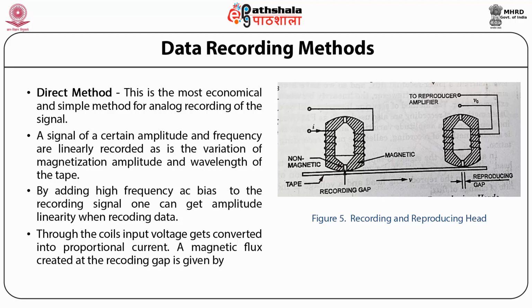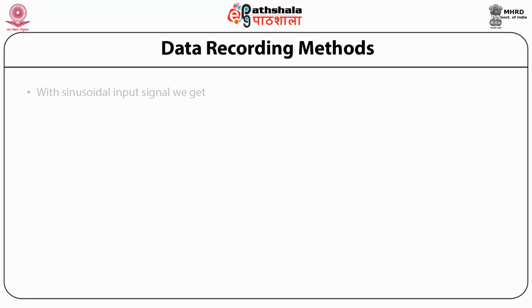The magnetic flux created at the recording gap is given by phi equals k phi times I. This is equation 1. With a sinusoidal input signal, we get I equals I naught sine 2 pi f t. This is equation 2.